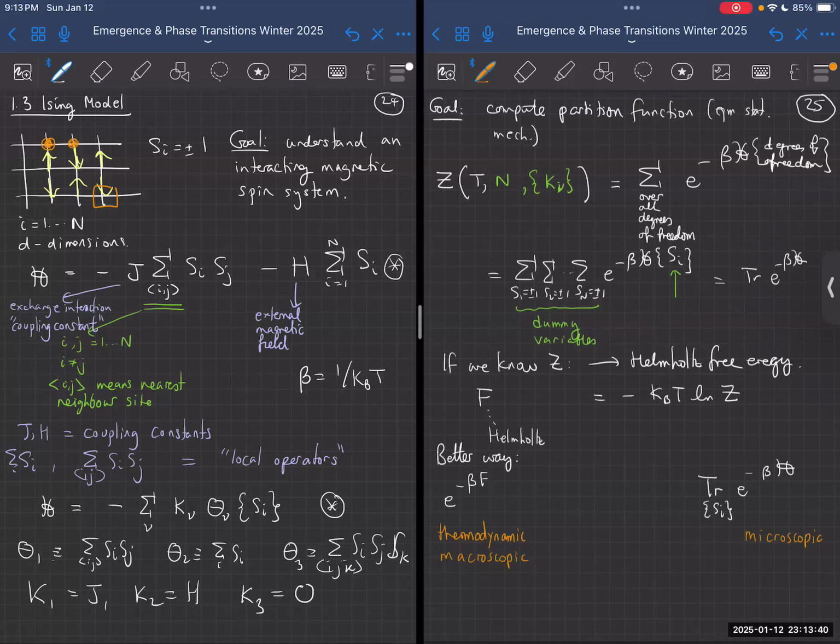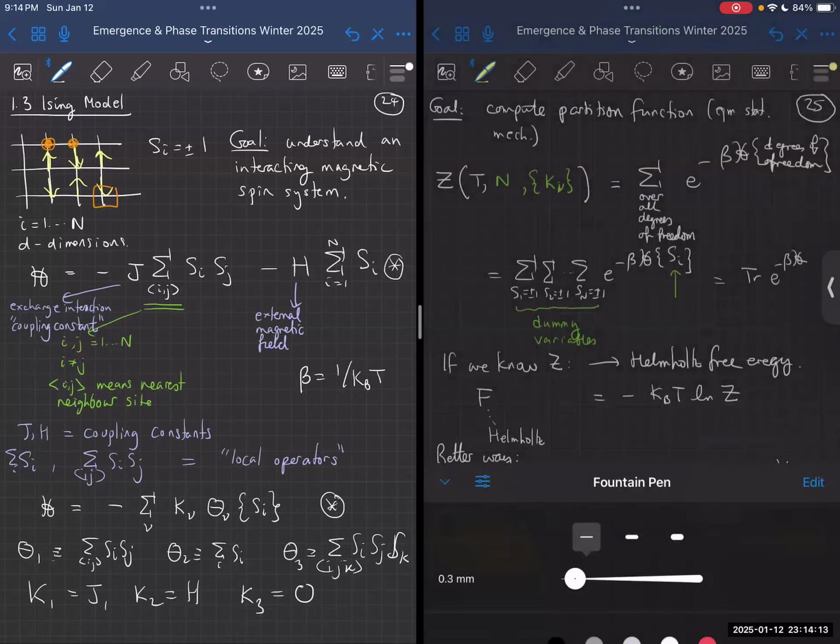Now, if you remember, we talked about how we can think about different levels of description in a physical system. So you might say, well, suppose we could take these microscopic variables and lump them together into some other variable, then we could have a description that is valid at an intermediate scale, something in between the lattice spacing, which is microscopic, and the thermodynamic scale, which is fully macroscopic.